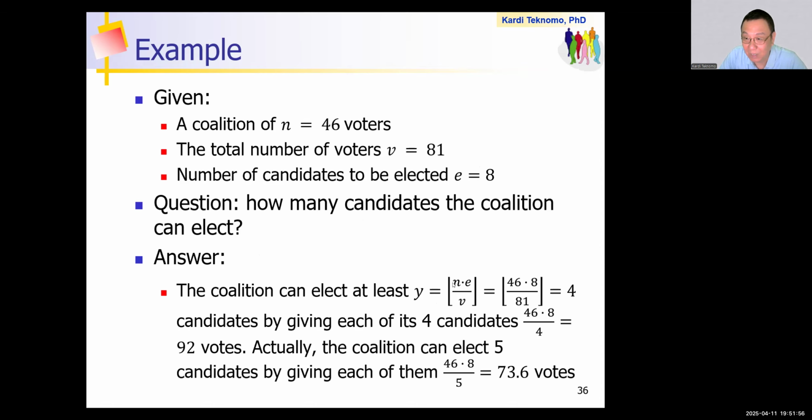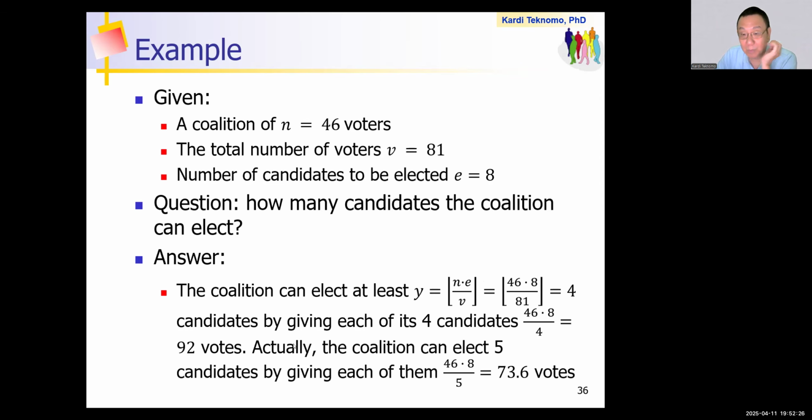Can you see how you get that? n is 46, multiplied by E, which is 8, and then divided by the total number of voters, 81. Then you take the floor. The floor is the largest integer below this value, in this case, 4.